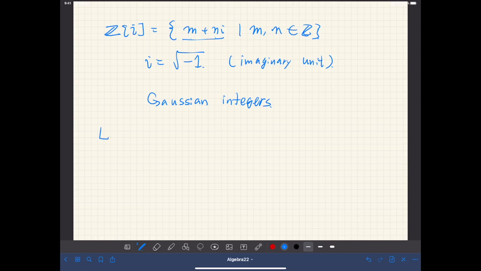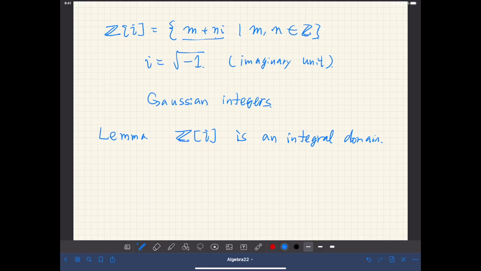Now, let's provide another lemma that says Z of I is an integral domain. Okay, so an integral domain is a commutative ring with the identity element without proper divisors of 0.